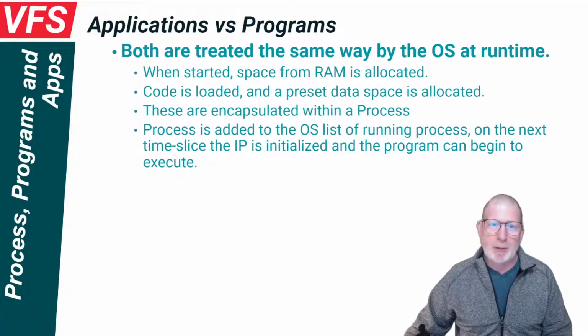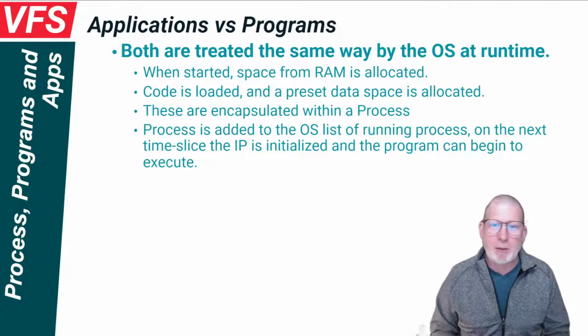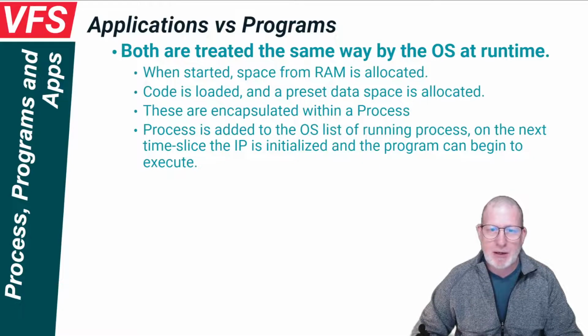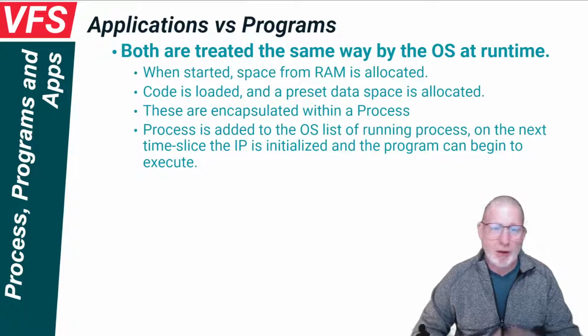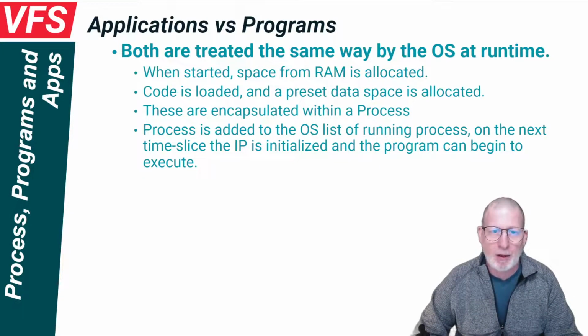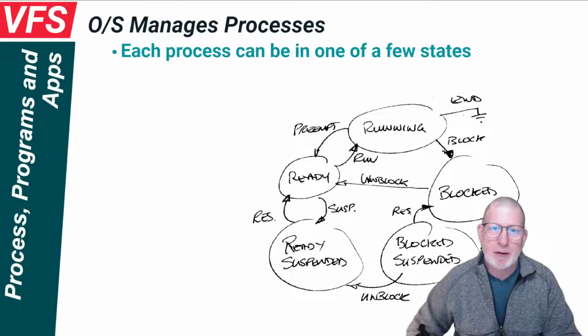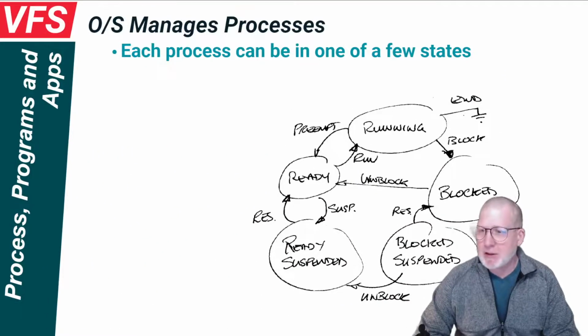When we're building applications, all of our applications get moved in and out of memory as they take their time slice. If they all fit in memory, of course, we don't have to move them around too much. And the operating system manages that by managing what we call a state machine.